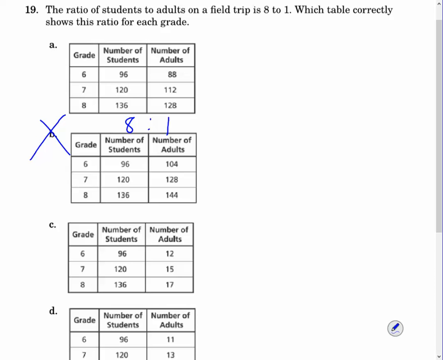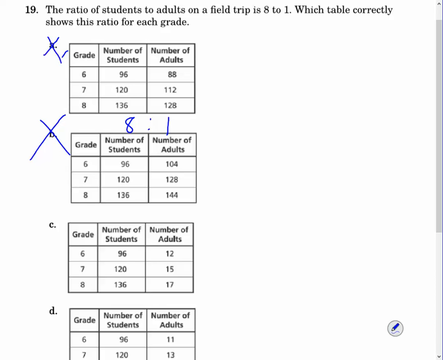A little distracted here. All right, so the ratio of students to adults on a field trip is 8 to 1, which table correctly shows this ratio for each grade. So it should be students are 8 times the number of adults. So it can't be B because in that case we have more adults than students, and we want 8 times the number of students to adults. So you have to look for the one where you essentially take the number of students and divide it by 8 to get the number of adults.